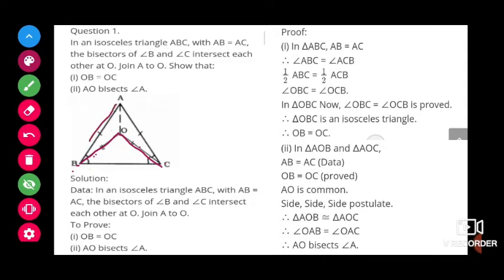I will take this triangle and this triangle, ABO and ACO. Here they have only given, children, AB is equal to AC. One side is equal. Next.